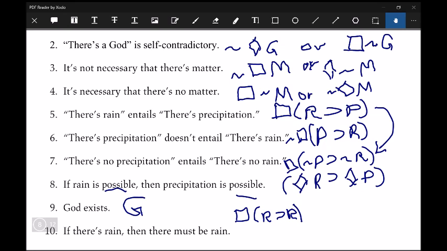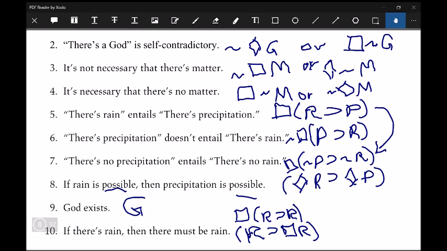Well, I thought clearly that the must is just about the rain. It's not about if. So I translate it like this: it's necessary that if there's rain, then rain is inherently necessary. Now, tell me that I'm right and Annie's wrong.